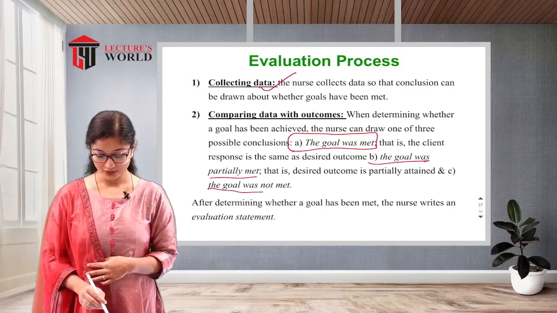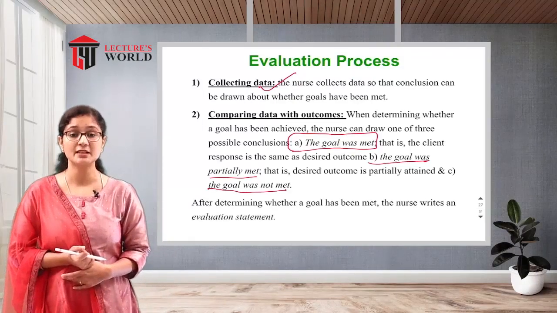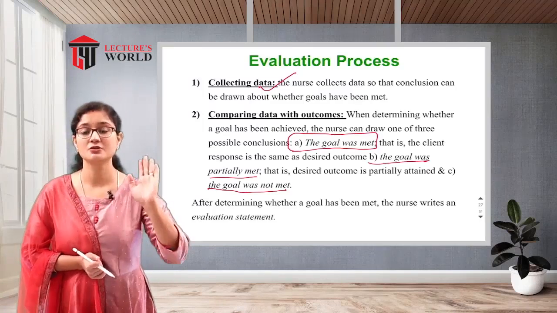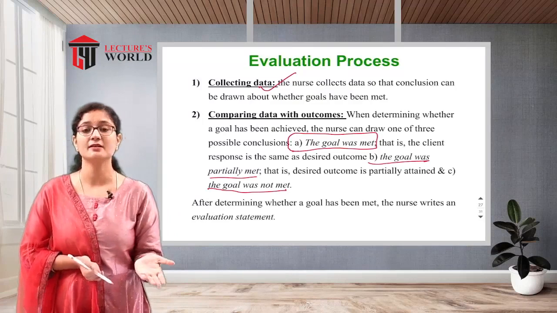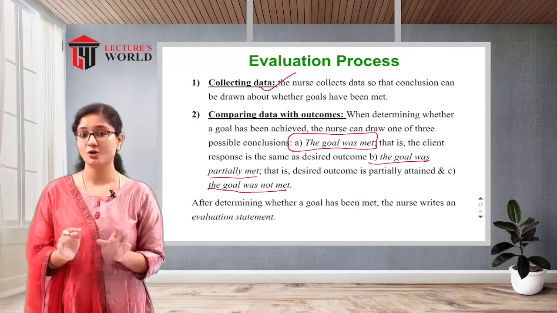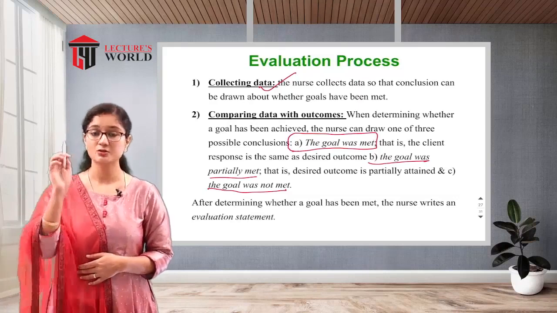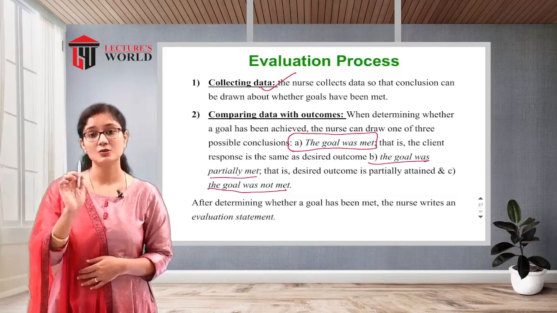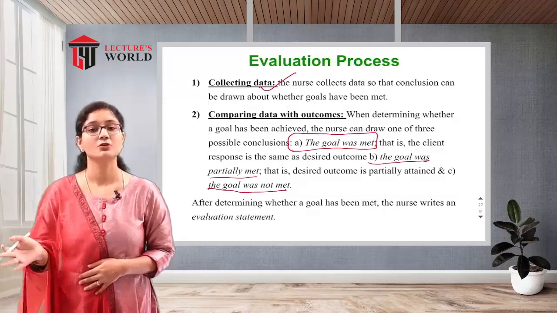And then goal was not met: even after 1 hour, I ask him how much his pain is, and he says 8 on a scale of 0 to 10. That means the pain is still the same, so the goal was not met. This is what you write in evaluation: goal was met, goal was partially met, achieved a little, or goal was not met.